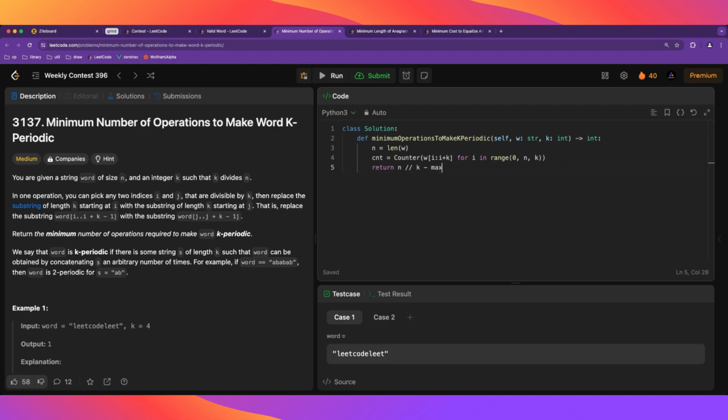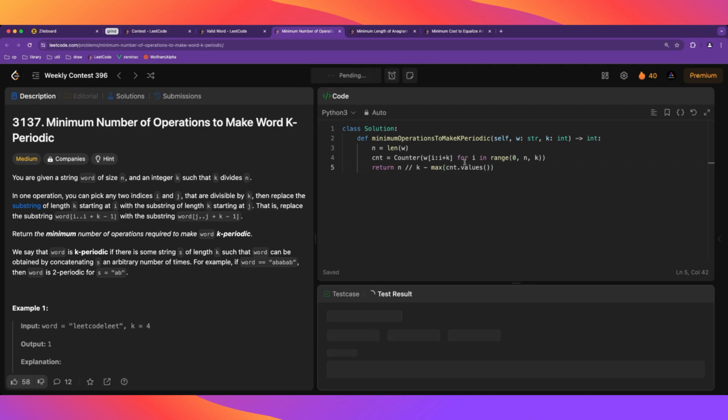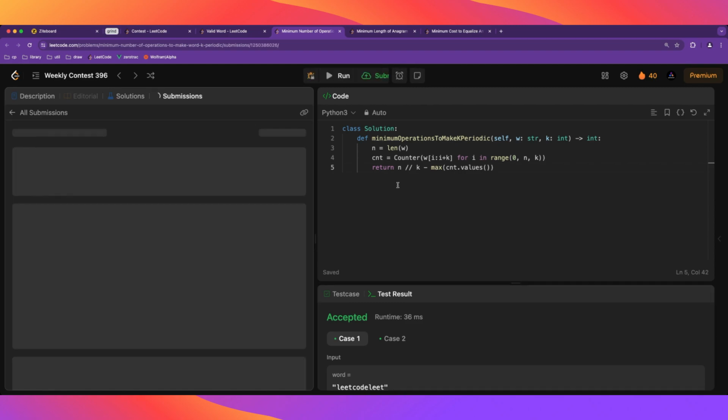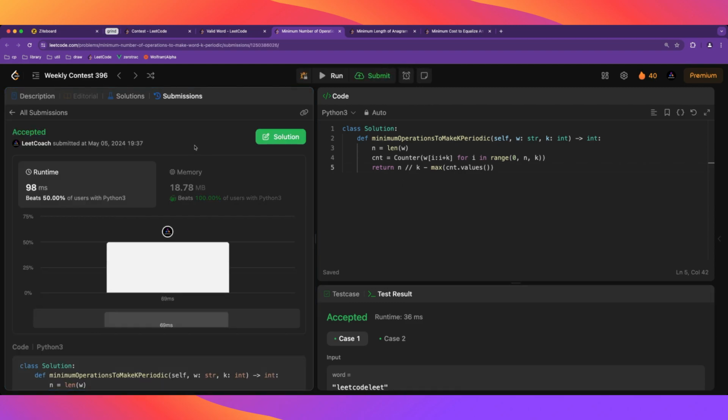For that we can do the max of the values of the counter, and this should give us our answer. And it works. So pretty concise code with Python. As usual, Python is kind of a cheat code sometimes.